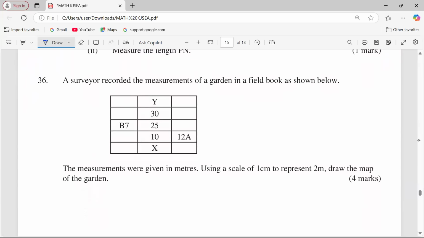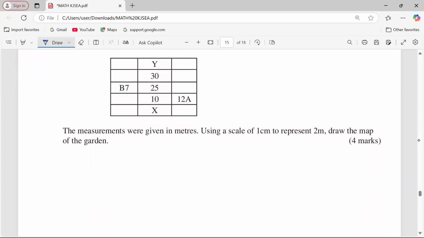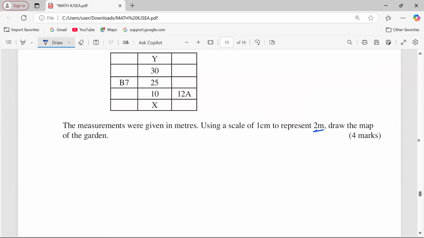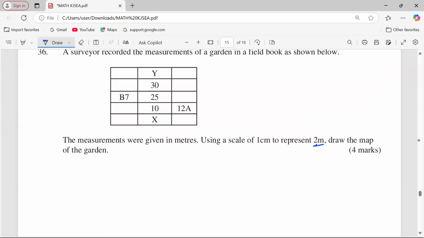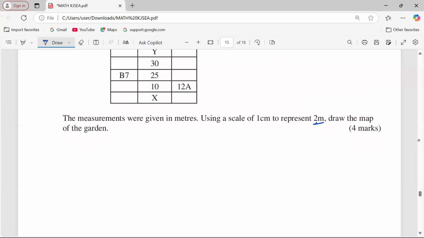A surveyor recorded the measurements of a garden in a field book as shown below. The measurements were given in meters. Using a scale of 1 centimeter representing 2 meters, draw the map of the garden. So we are supposed to begin with line XY.